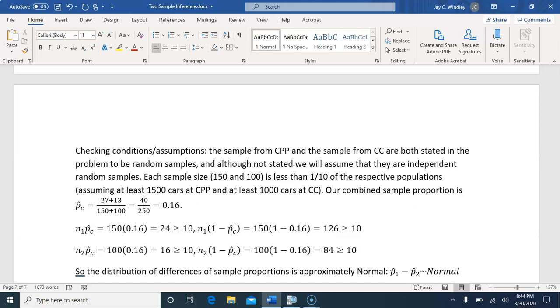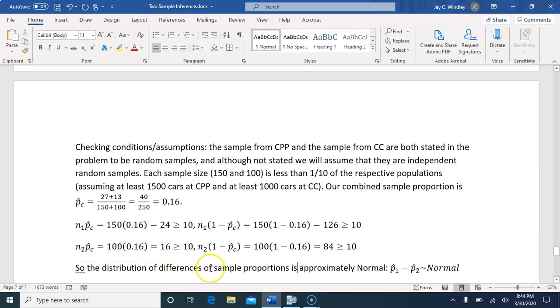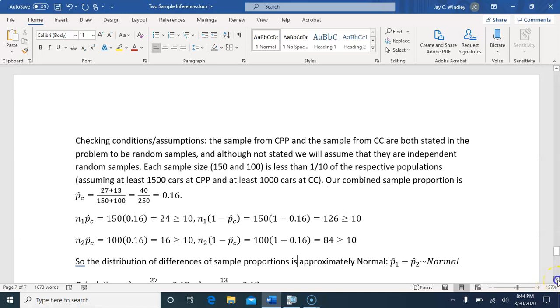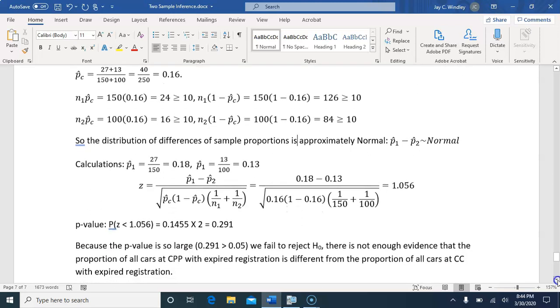Our combined sample proportion is this: the total number that we saw with expired registration divided by the total number of cars that we looked at or sampled. So checking the large counts with our p hat combined of 0.16, all of those are greater than 10, so we can assume that the p hat 1 minus p hat 2 distribution is approximately normal.